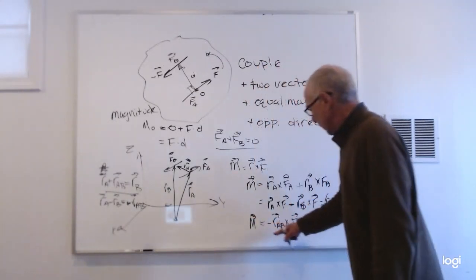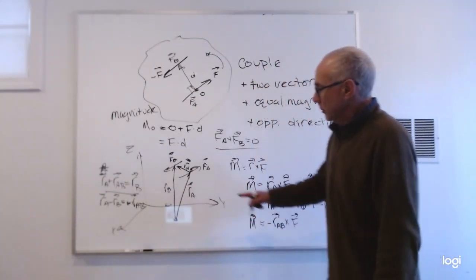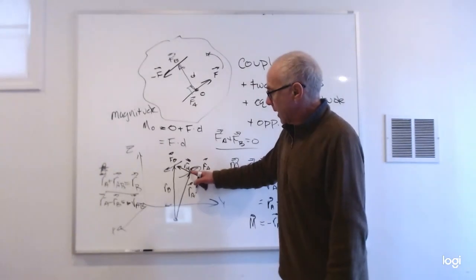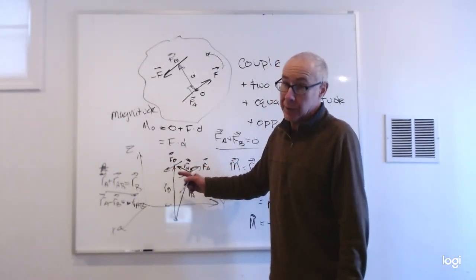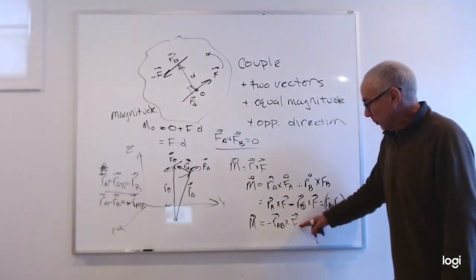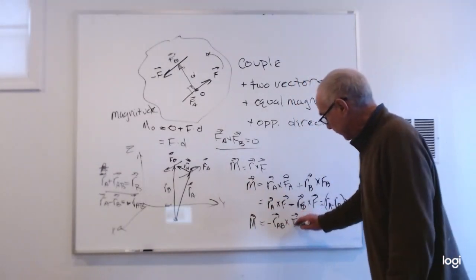The moment is going to be equal to a vector from one side to the other, anywhere on the line of action of either of these forces, crossed with the force vector F.